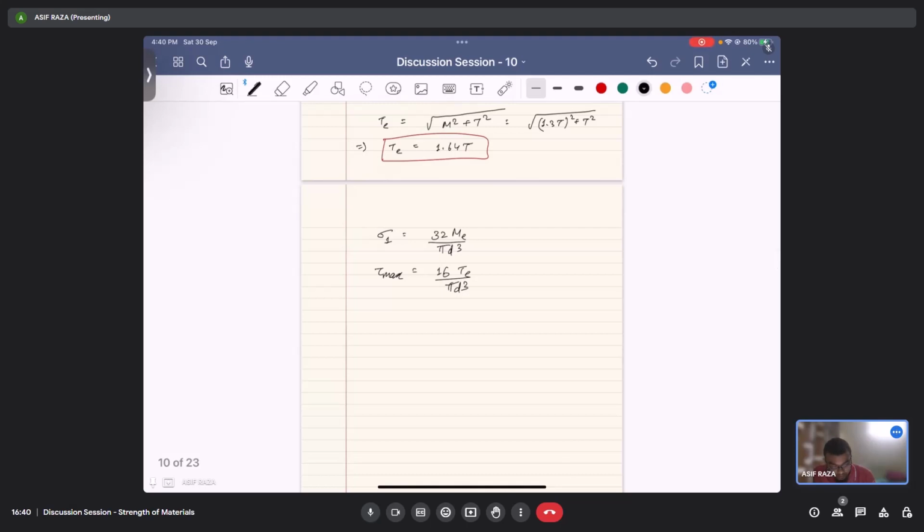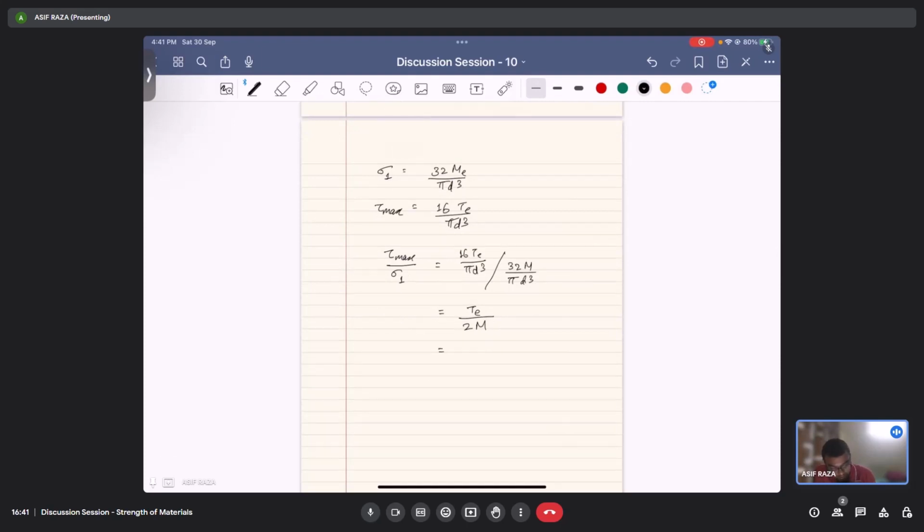Now if you want to find the ratio of these two, that is tau max upon sigma 1, that would be equal to 16 TE by pi d cube divided by 32 ME by pi d cube, and this will be equal to TE upon 2 ME.